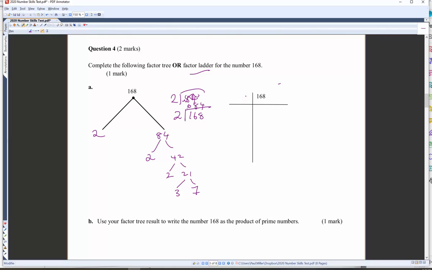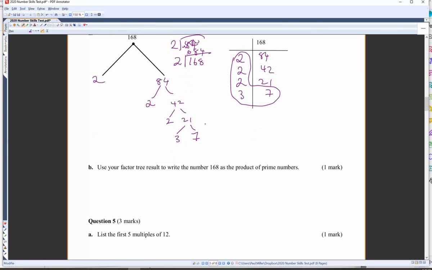Not many of you seem to use the ladder, but those who know how to use it, you would have just done 2, 84, 2, 42, or something similar. 2, 21, 3, 7, and then those numbers form your prime factors. So use your factor tree result to write 168 as the product of the prime numbers.